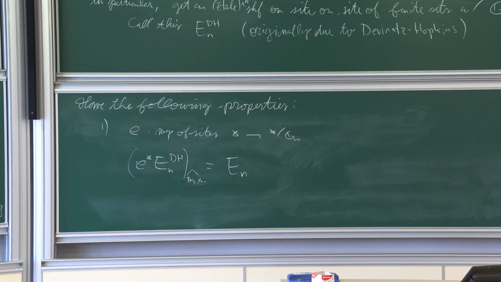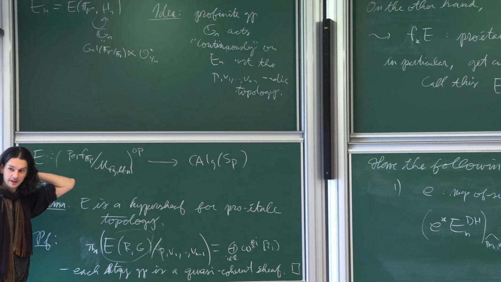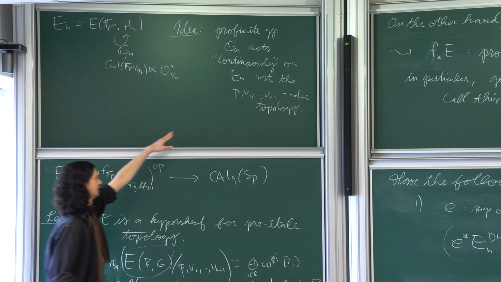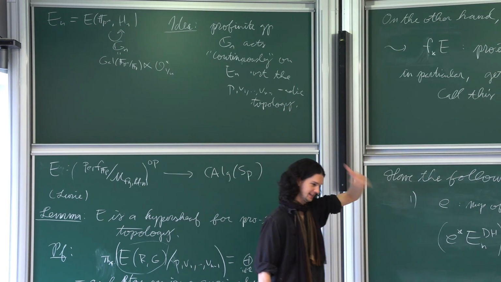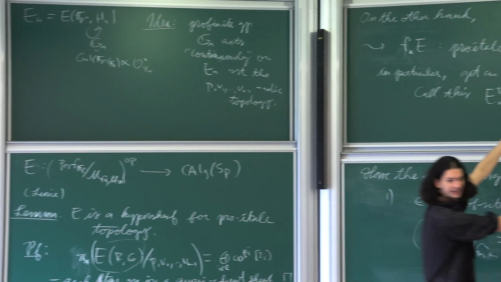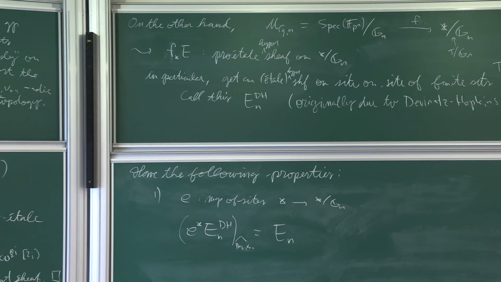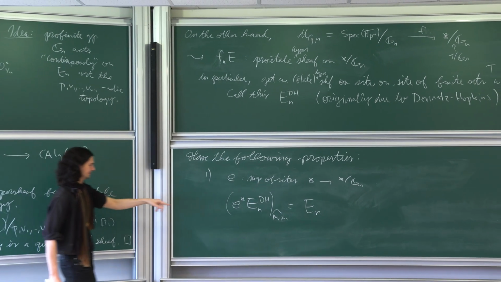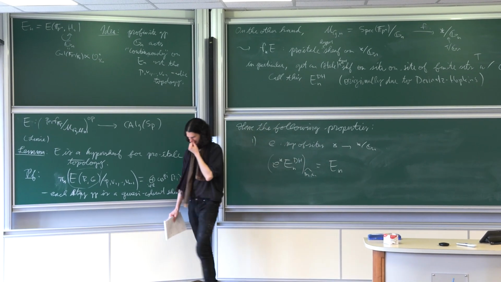This was supposed to be acting continuously with respect to the (p, V_1, up to V_{n-1})-adic topology. So if you mod out by some power of (p, V_1, up to V_{n-1}), then it's acting on something discrete, so it should correspond to some sheaf here. Then you can certainly take the inverse limit there, and you still get a sheaf. But the stalk is not exactly going to be that; you'll have to recomplete to get this.